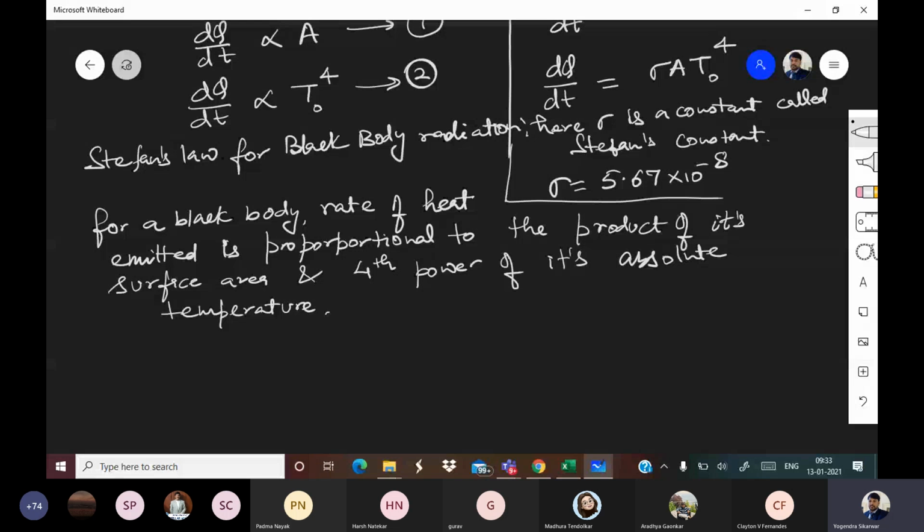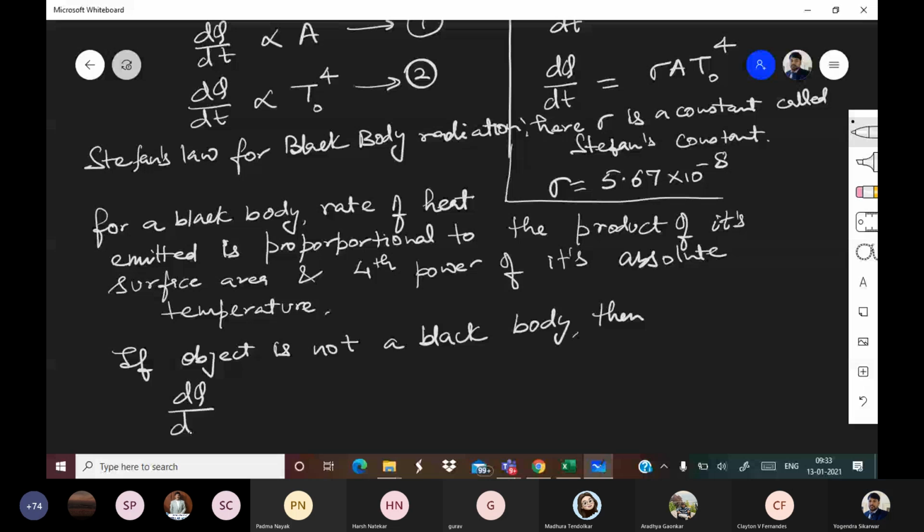Now suppose the object is not a black body. Then dq by dt is equal to e sigma A T naught to the power 4.